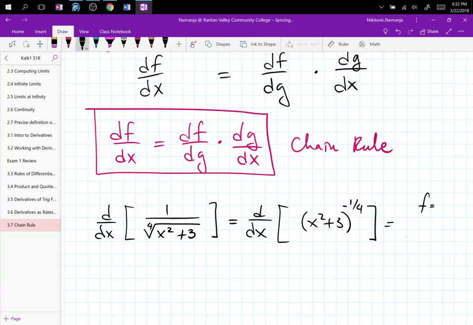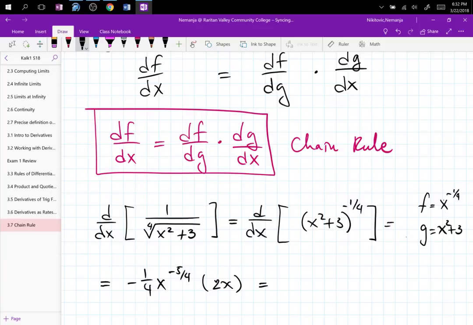So now your f is x to the negative 1/4, and your g is x squared plus 3. So what do you have as a derivative? You have negative 1/4 x to the negative 5/4 when you subtract 1, and then times the derivative of the inside, and the derivative of the inside is 2x.